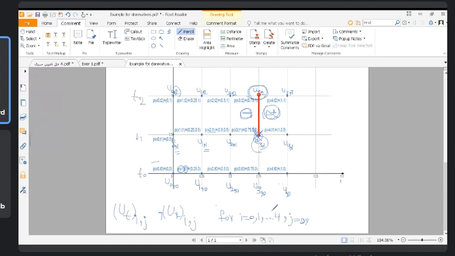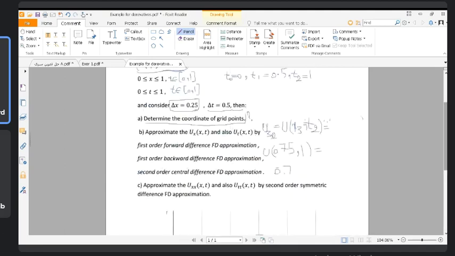And J is the index for T, and J is 0, 1, and 2, okay? This is the first exercise, and above you can see this exercise.